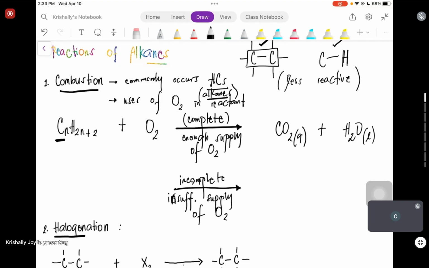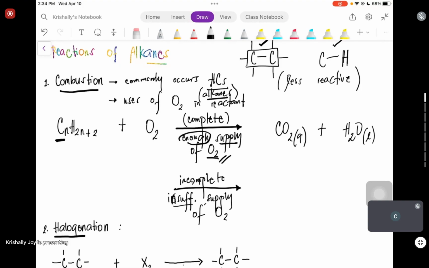You will know naman sa assessment what products will be formed, kasi sa isang combustion reaction, i-identify na sa reactant if sufficient ba yung oxygen or insufficient, deficient yung supply ng oxygen.